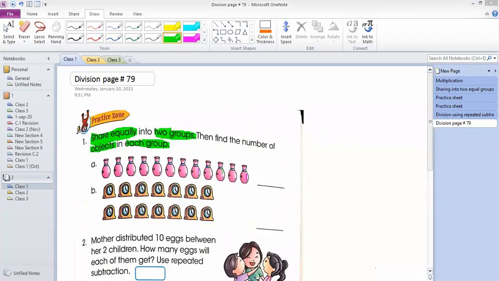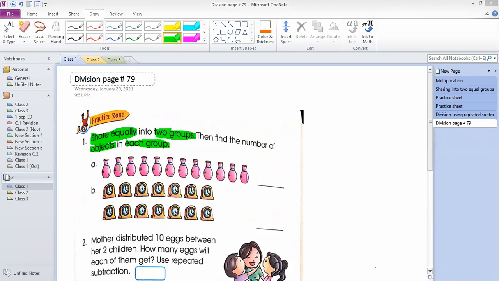Yes, Suleiman. I want to share these vessels into two equal groups. How can we do it? 1, 2, 3, 4, 5... These are total 12.